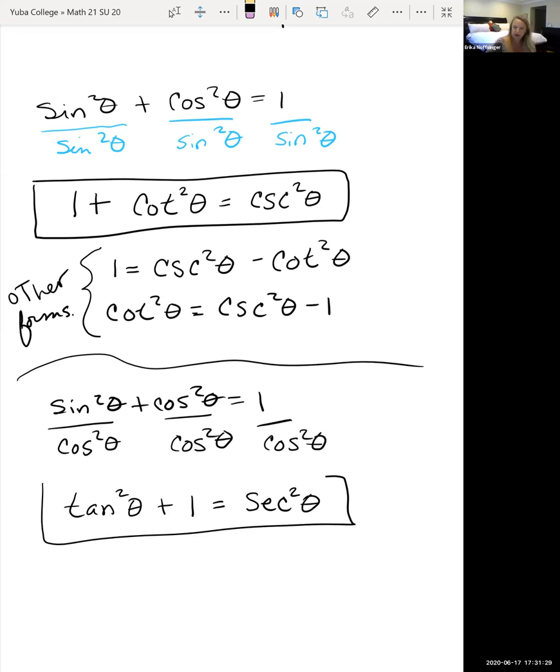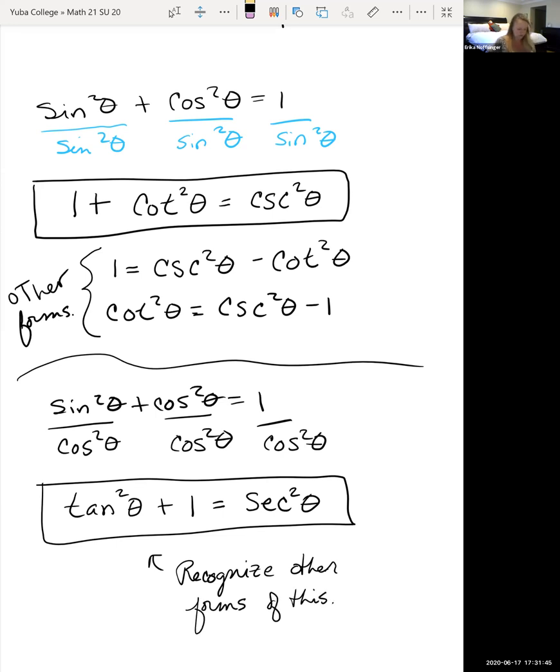Okay. And again, you also need to recognize other forms of this. What are these forms called?